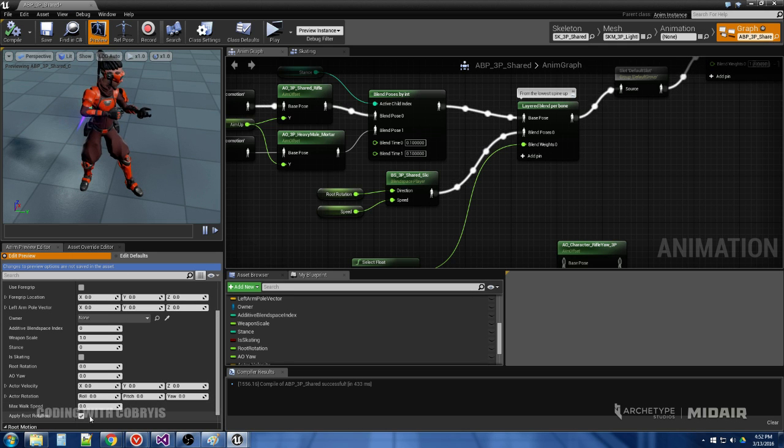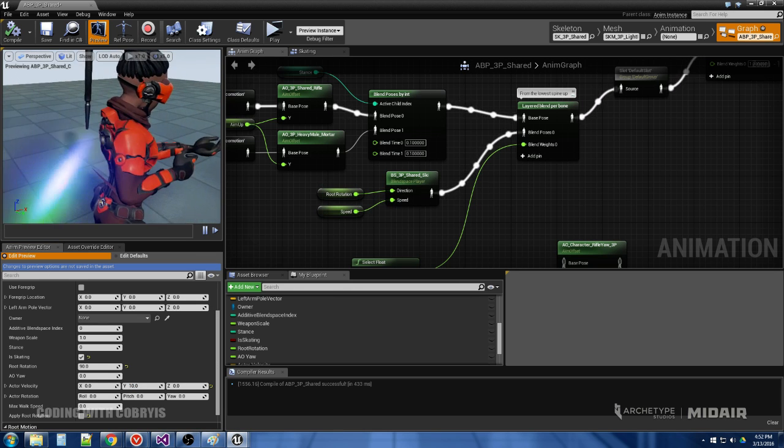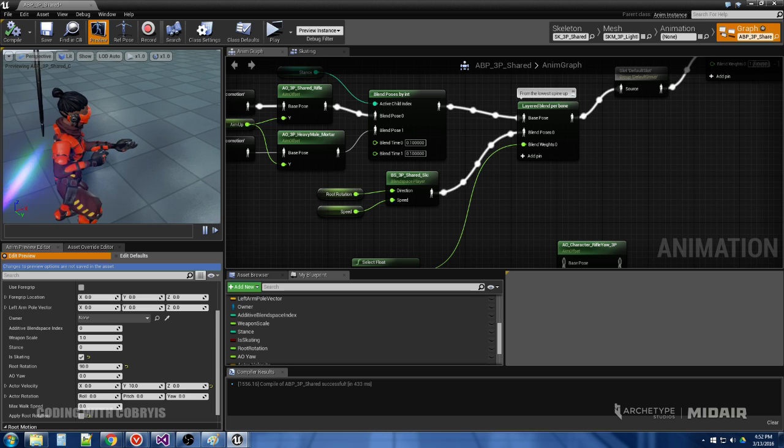Okay, let's test it. Apply root rotation. Is skating. Direction 10. Okay, so right now we're applying root rotation.